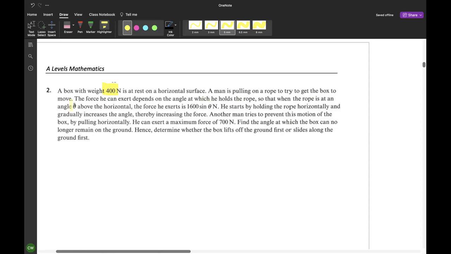When the rod is at angle theta above the horizontal, the force is F. Then he holds the rope horizontally, and as the angle increases, the force increases, and a man tries to prevent this motion of the box horizontally with a force of 700. Find the angle at which the box can no longer remain on the ground, hence determine whether the box lifts off the ground first or slides first.